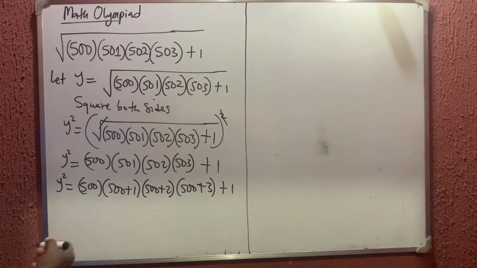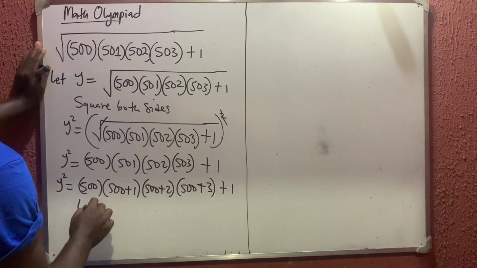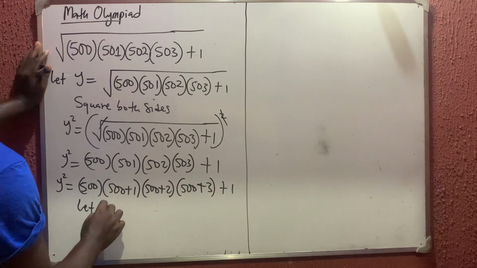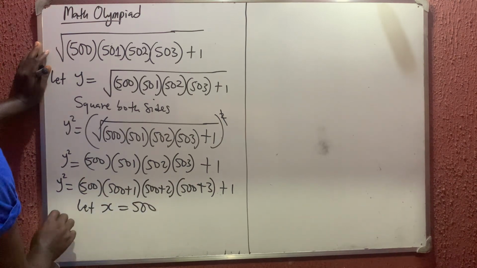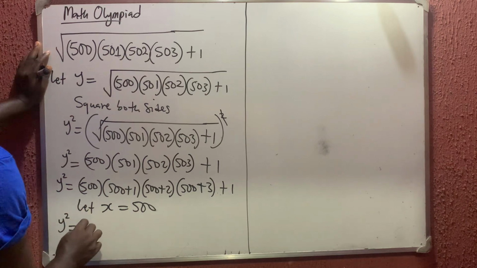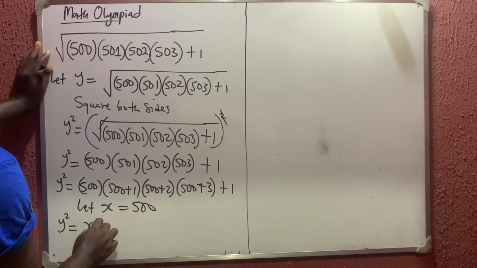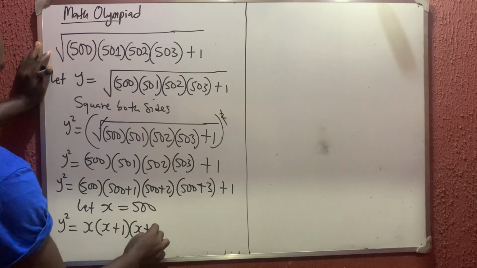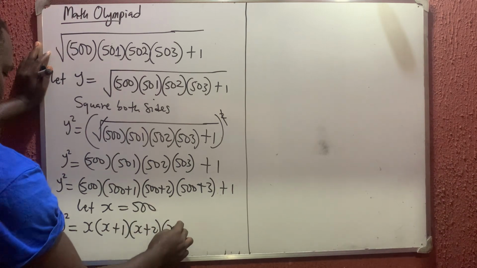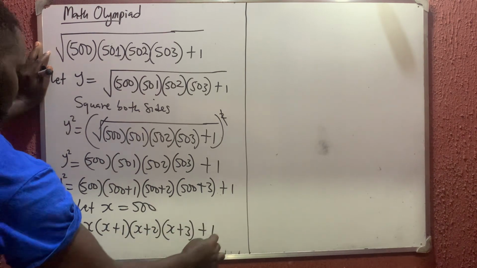Since I have 500 everywhere, let x be equal to 500. So my y squared is equal to x in bracket of x plus 1 in bracket of x plus 2 in bracket of x plus 3, then plus 1.